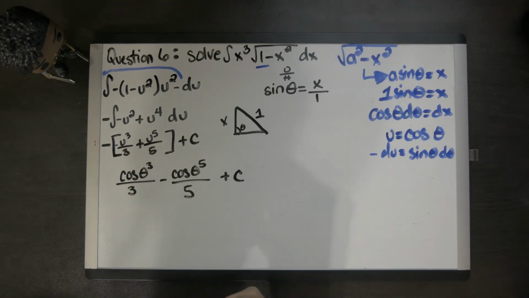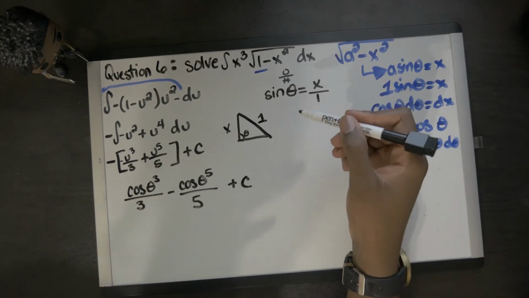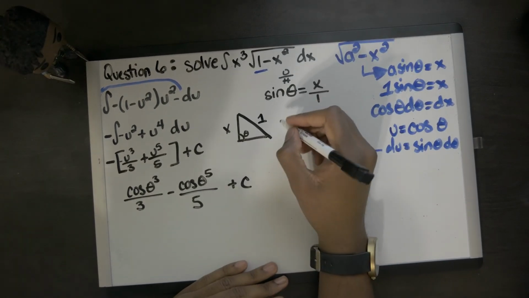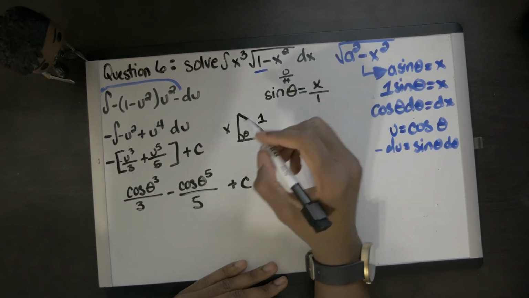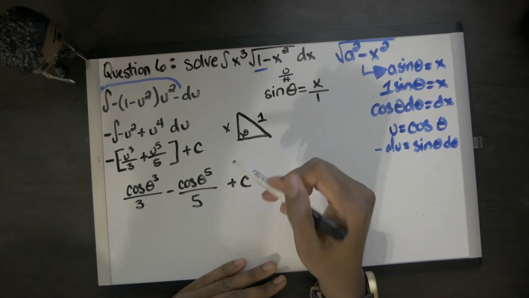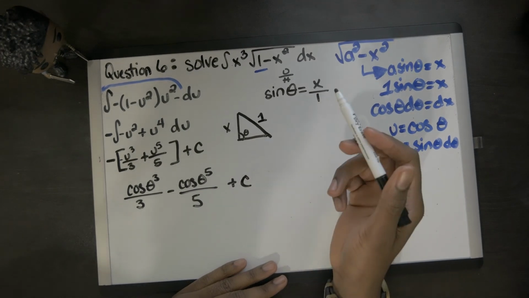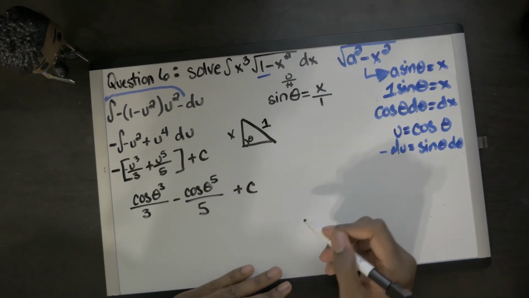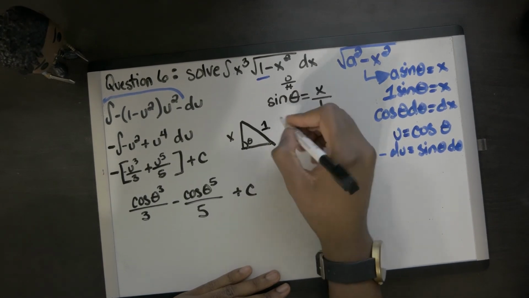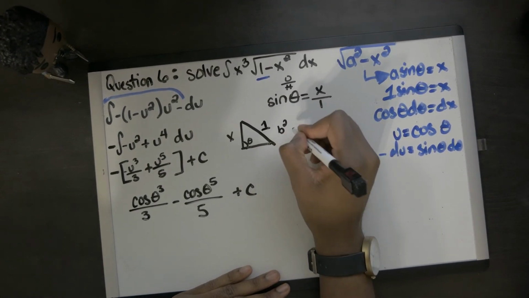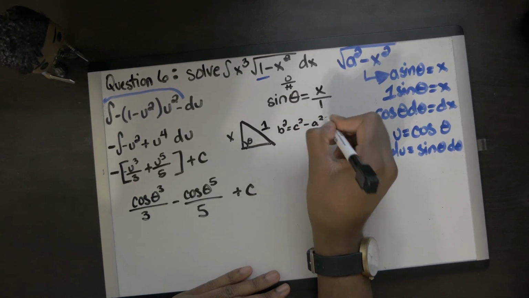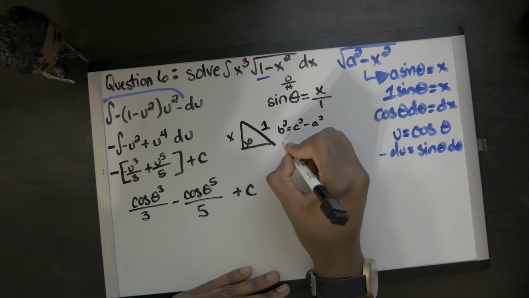Well, to find that, we know the Pythagorean theorem says a squared plus b squared equals c squared. Technically we already have c squared, and we already have a squared. So we have to do c squared minus a squared equals b squared.